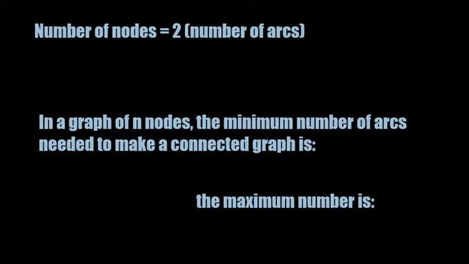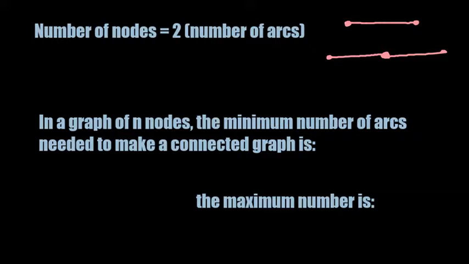So now that we've got some key terminology, it's worth us just thinking about some kind of key results that are coming out of our study of graphs and networks. So I wonder if you're noticing anything about the number of nodes and the number of arcs in a problem, or indeed the number of total node order and the number of arcs.